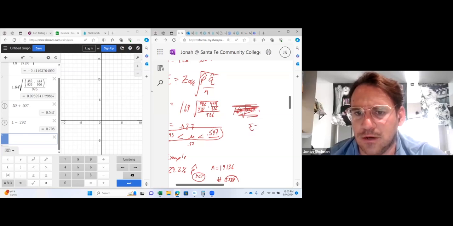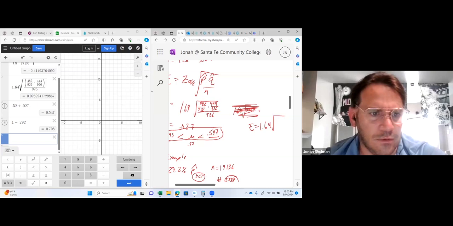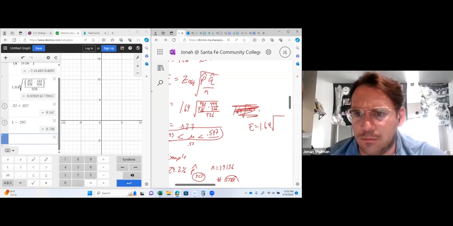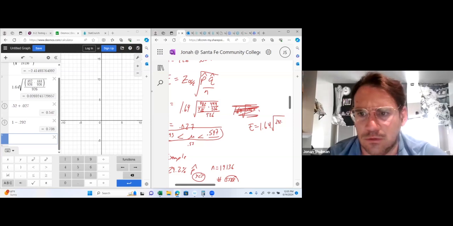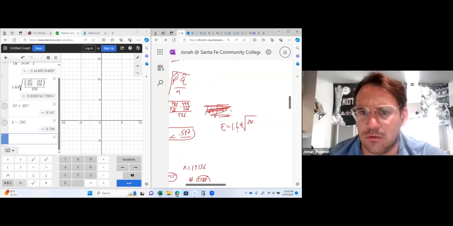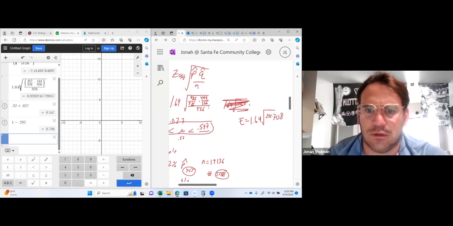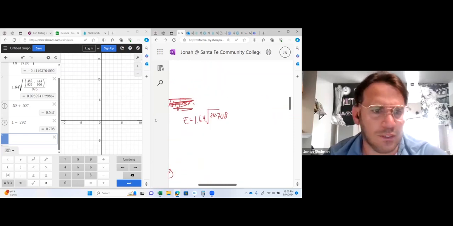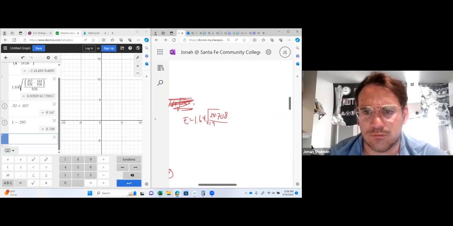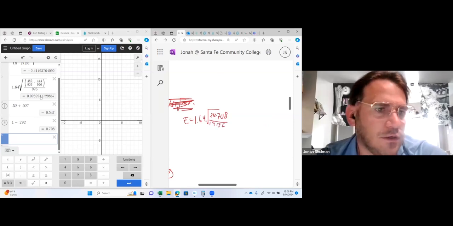This is just to get the error. 1.64 times the square root of 0.292 times 0.708, and then the whole thing is divided by the total, which is 19136. This is how we're going to get our error.